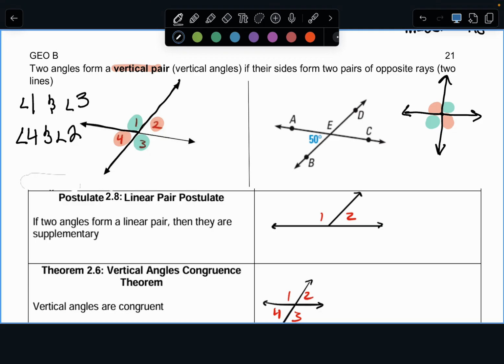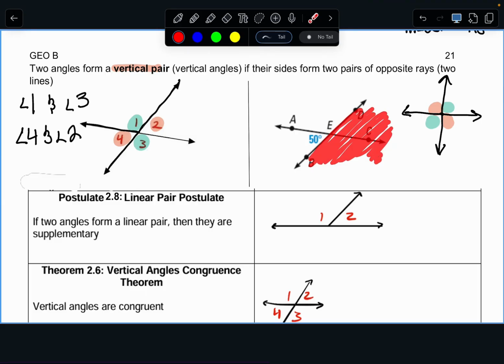Let's see what happens with the measure of vertical angles based on this idea that they're closely related to linear pairs. If this angle is 50 degrees, how would we find the measure of this angle? If we ignore this side for now and look just at that linear pair, that 50-degree angle and angle E. Linear pairs are supplementary, so how would I find the measure of angle AED?